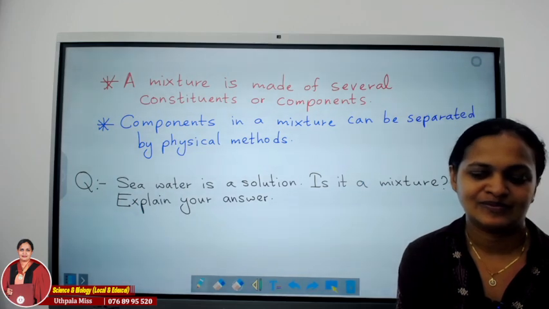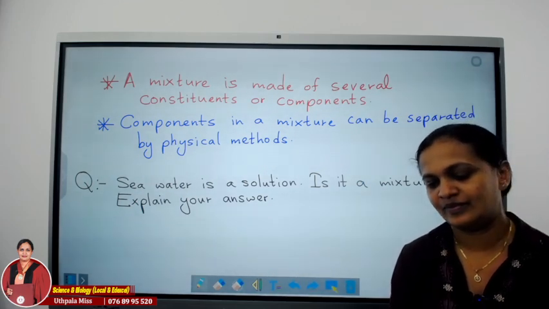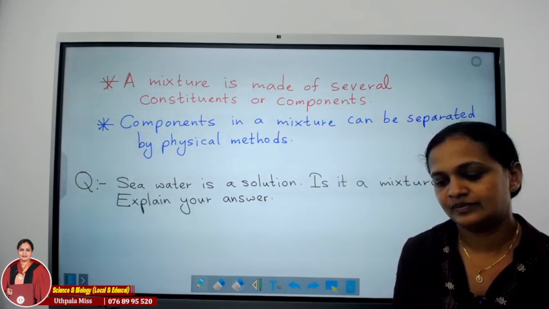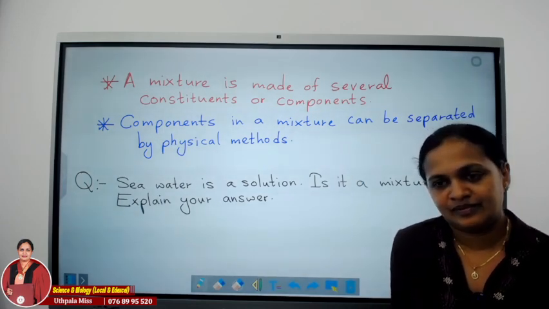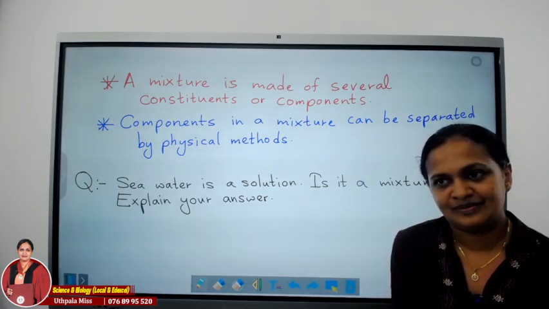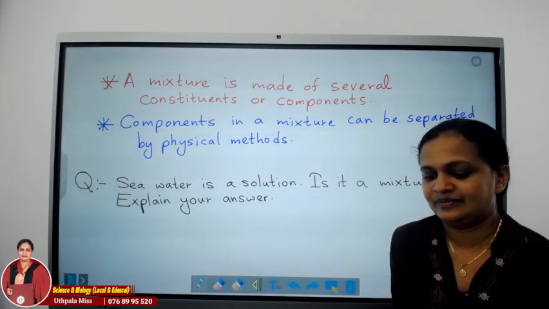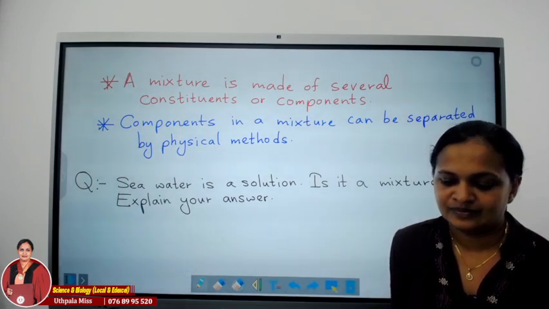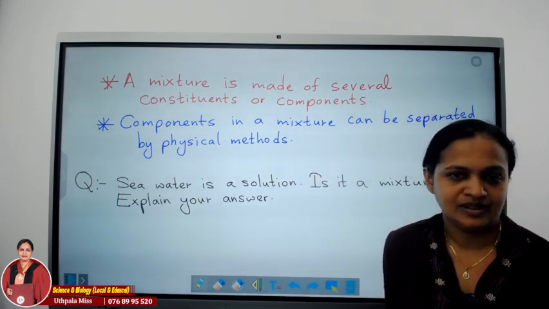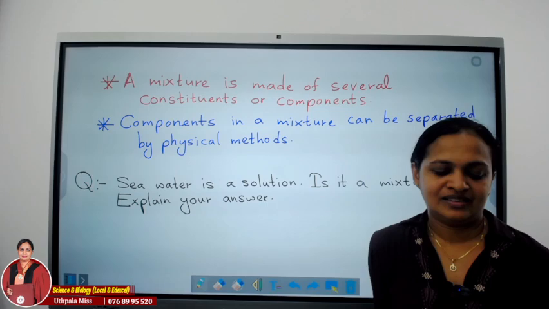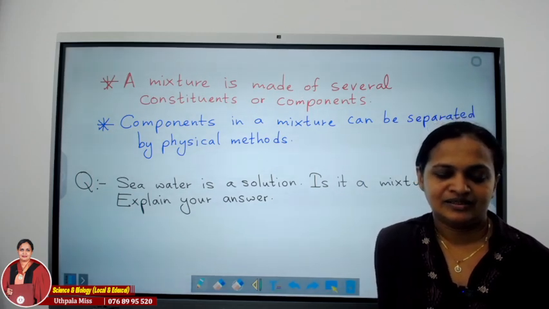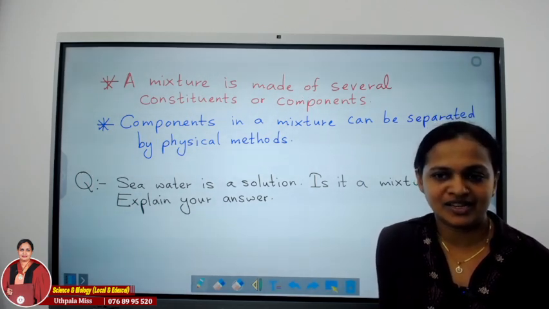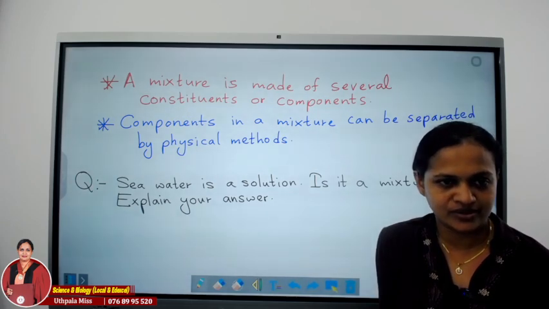And teacher, normally we get salt from the sea. We get salt by evaporating the seawater. So it is a mixture of various kinds of minerals. Okay, that's Kemit's answer.